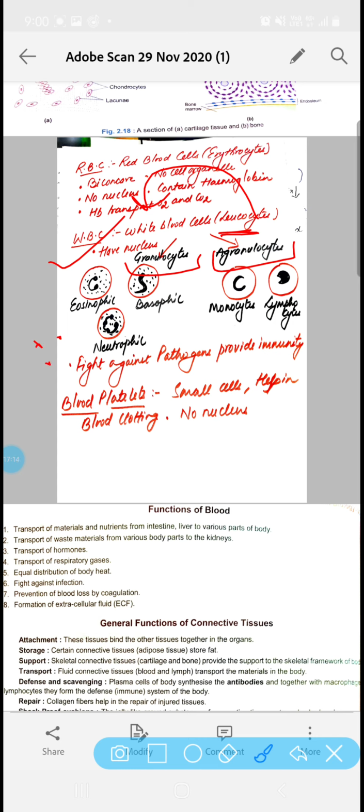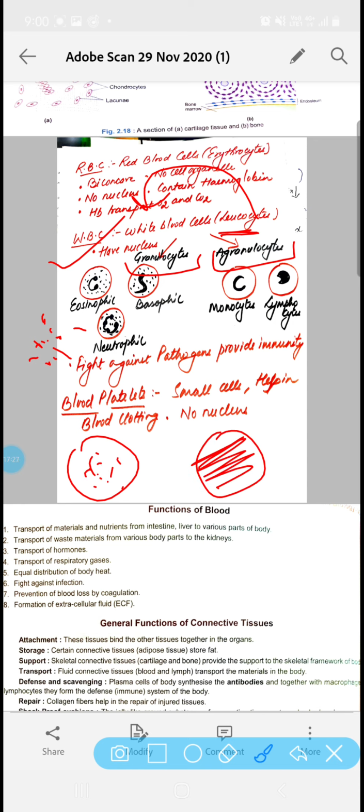Granules means dane, small grain-like structures. Some of the cells have granular cytoplasm, and some have smooth cytoplasm without the grainy substance. Granulocytes are further divided into eosinophil, basophil and neutrophil. Agranulocytes are of two types, monocytes and lymphocytes.